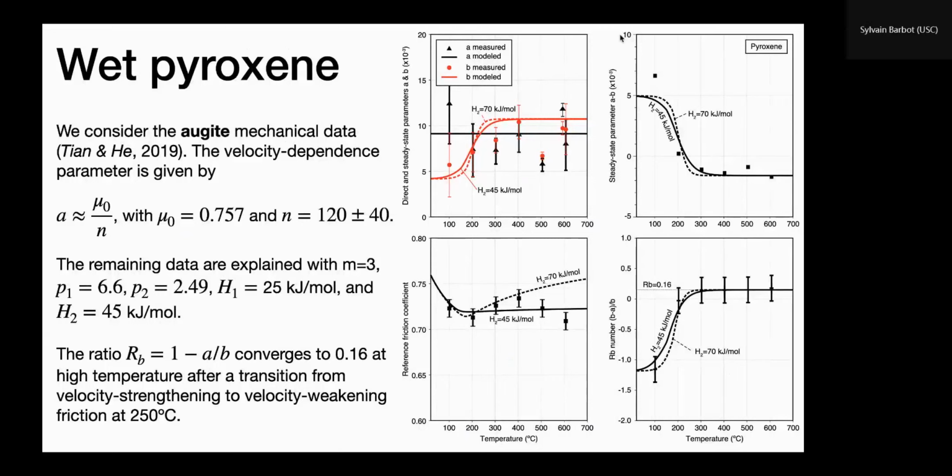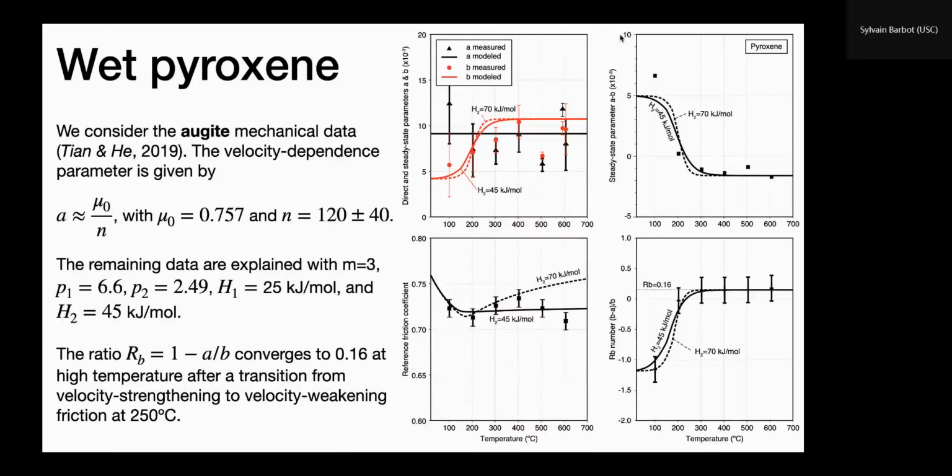So I did that for many different rocks, and I'm only going to show it for one for the interest of time, for wet pyroxene. So these are experiments that were conducted and published fairly recently, probably from your institute with the work of Professor Hay. And these are data for augite, so it's wet pyroxene.